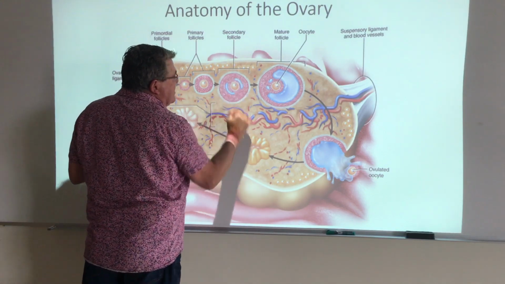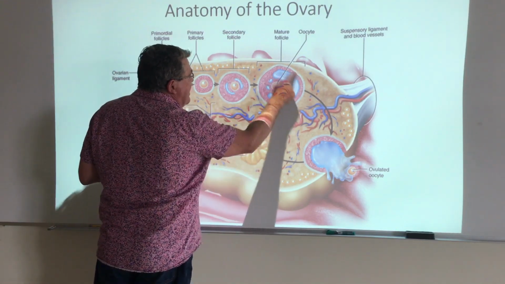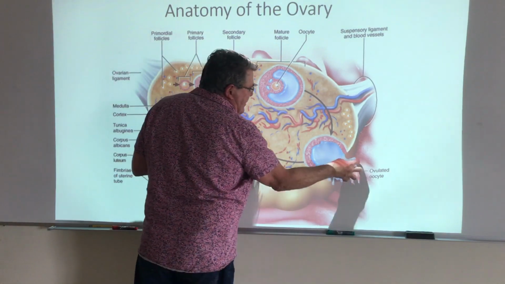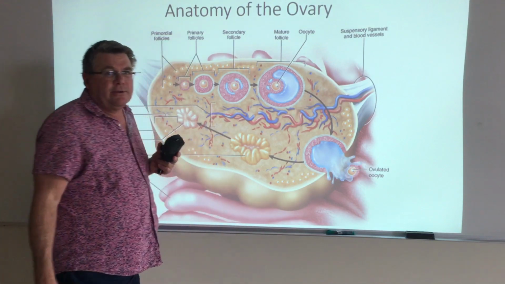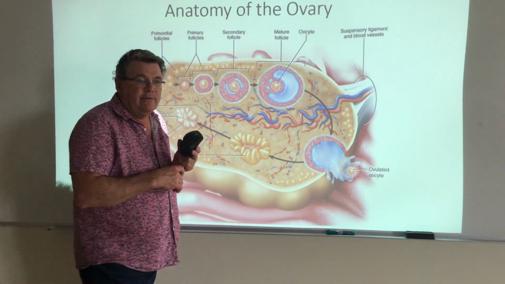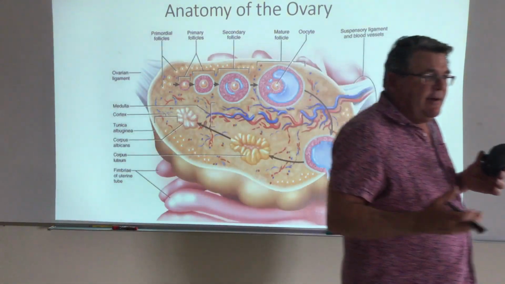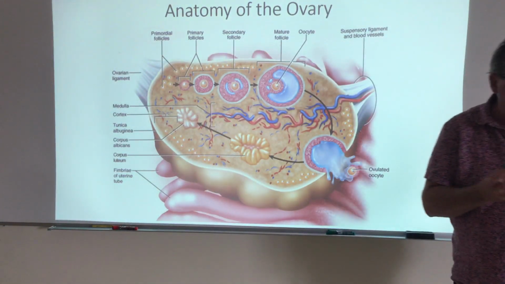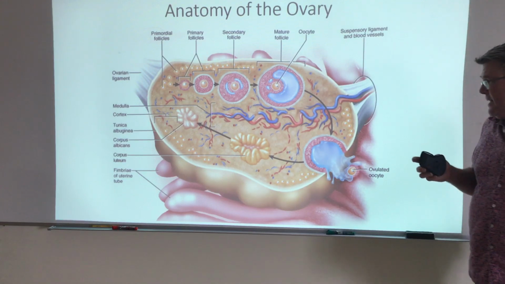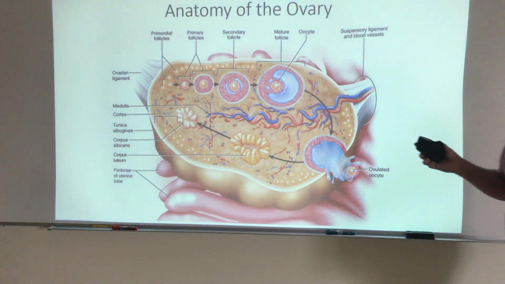We have our antrum start to form. Here's our mature Graafian. The LH is kicking up, and we end up with the primary oocyte being released from the side on day 14. Day 14 is the time, the day of ovulation. I'll show you what this looks like, hopefully before we're done with this video.